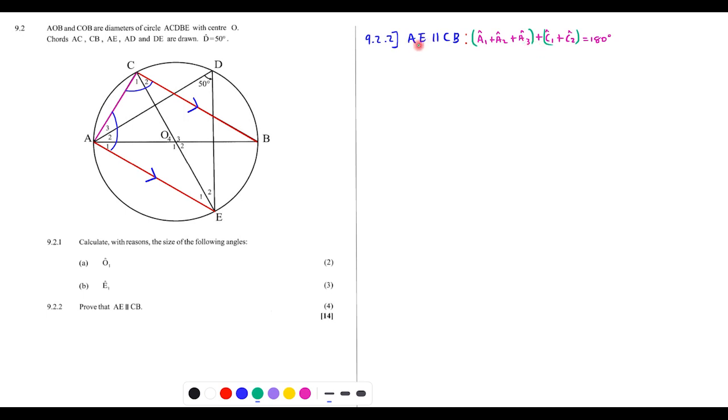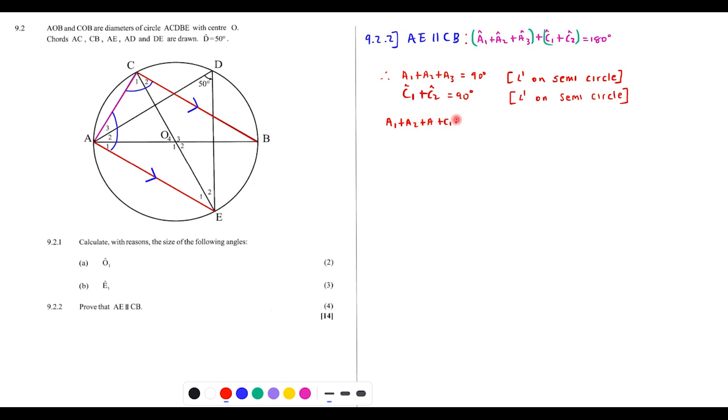So let's go ahead and do that. First, we're going to say A1 plus A2 plus A3 is equal to 90. The reason for this: angle in a semicircle. Then we continue to say C1 plus C2 is also equal to 90, and the reason is also angle in a semicircle. Now we add these angles: A1 plus A2 plus A3 plus C1 plus C2, which is what's given there.